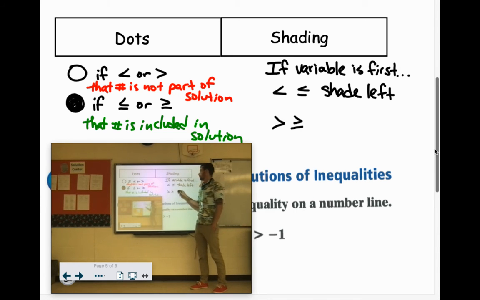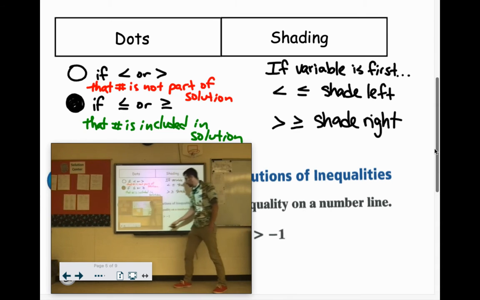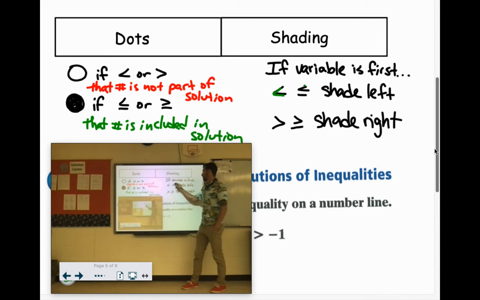Greater than or equal to, you shade right. So it's interesting because as long as the variable's first, you kind of shade the way the arrow points. Less than points to the left, so you shade to the left. Same with less than or equal to. And then greater than or equal to, the arrows point to the right, so you shade to the right.